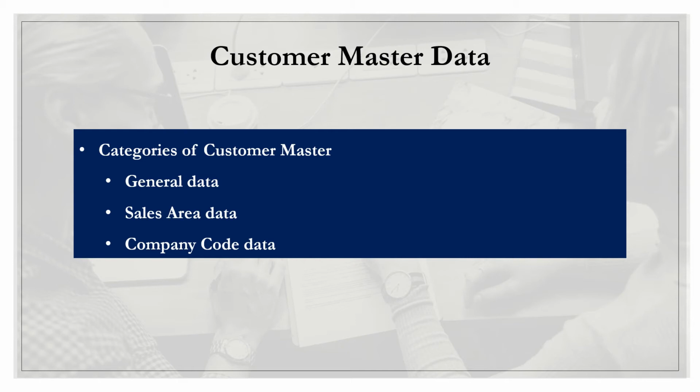Of course, those may not make sense to you right now, but once you go over organizational levels later, it will make much more sense. But know that it is relevant to sales and distribution and is valid for sales area, which is made up of sales organization, distribution channel, and division.